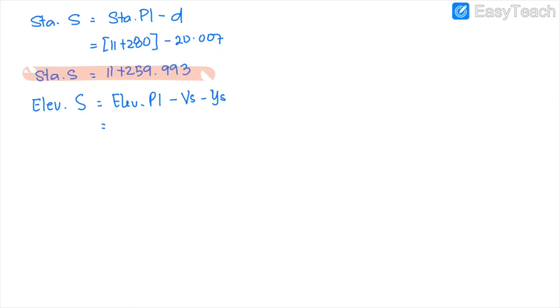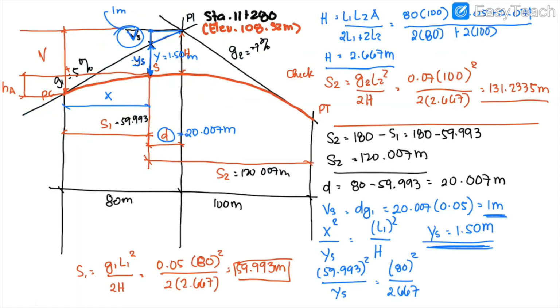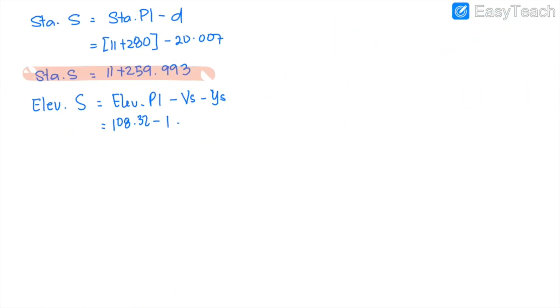Elevation PI is 108.32. VS is 1 meter. YS is 1.5. So, elevation of S is simply equal to 105.82 meters. So, sabi ko kanina, dalawa yung solution natin dito.